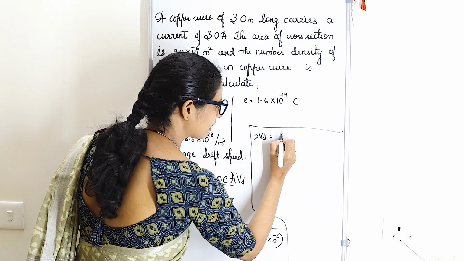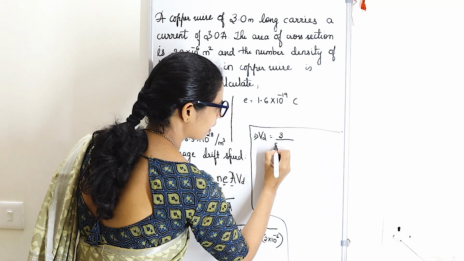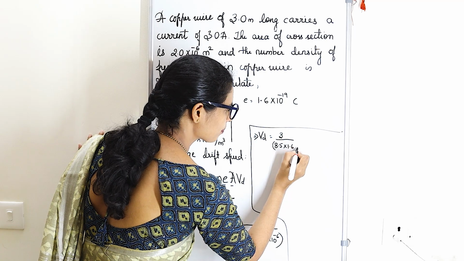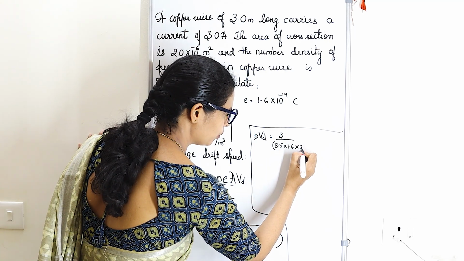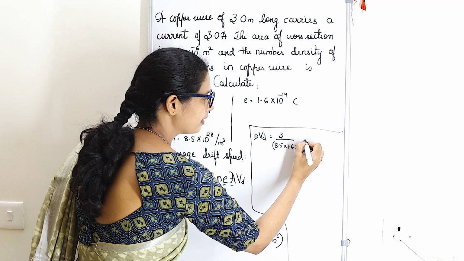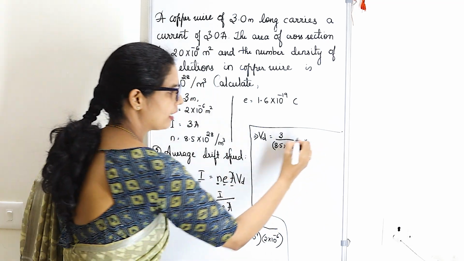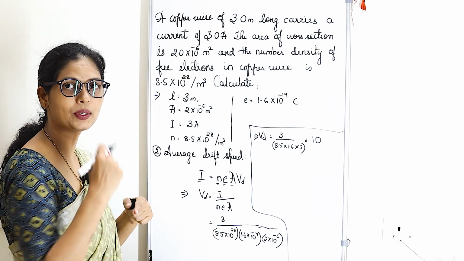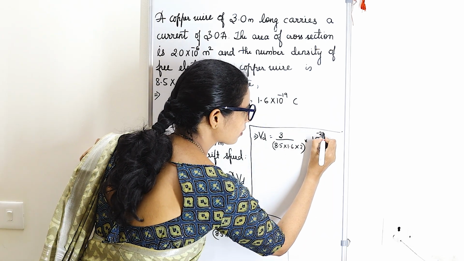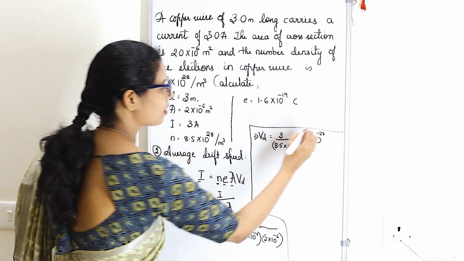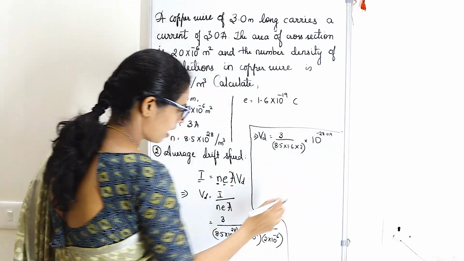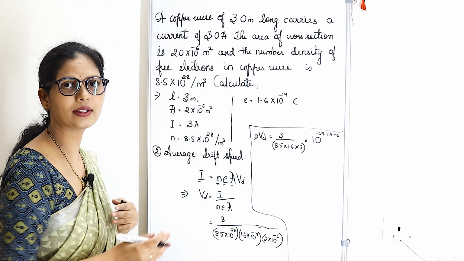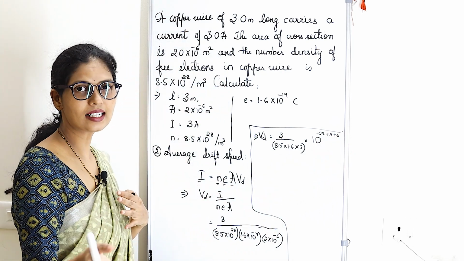So here I'll take 3 divided by 8.5 into 1.6 into 2, and the rest of them, let them go to the numerator. When it goes to the numerator, 10 to the power of 28 becomes minus 28, and then minus 19 becomes plus 19, and then minus 6 becomes plus 6.